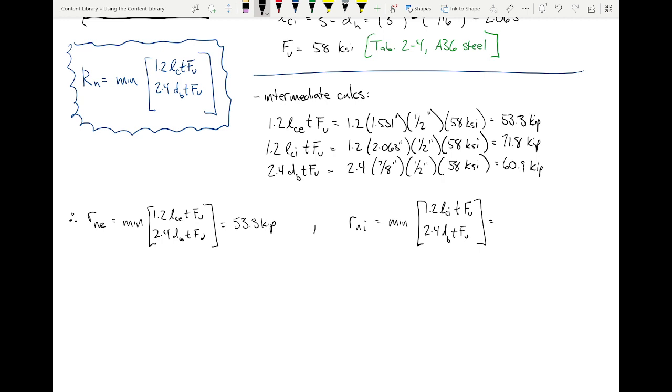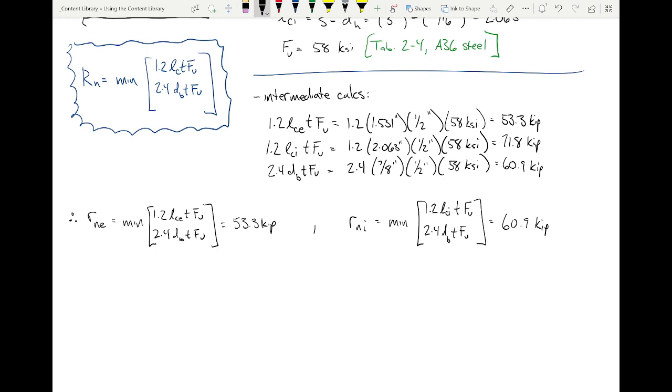And so which one's that? 60.9. So behaviorally, what is this saying is going to happen under the limit state of bolt bearing? It's saying that the edge bolts are going to want to tear out, but the interior bolts are going to want to plastify, right? Does that make sense?